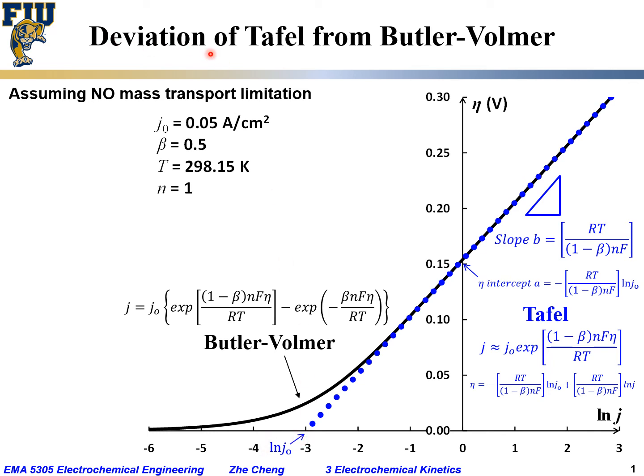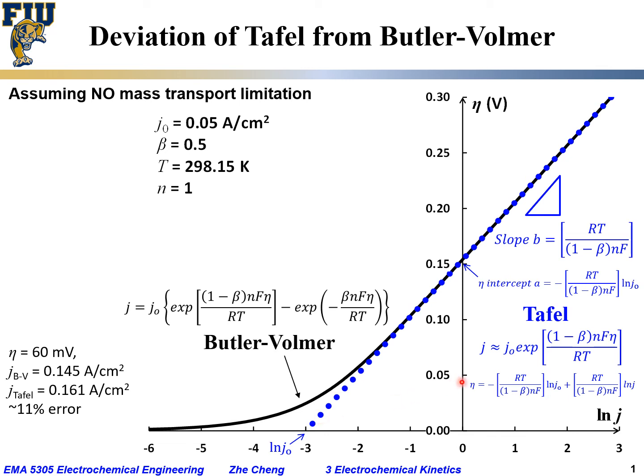Then we are talking about the deviation of Tafel, the blue line, from the precisely calculated Butler-Volmer. As you can see clearly, when the overpotential is low, close to zero, the relative error is large.